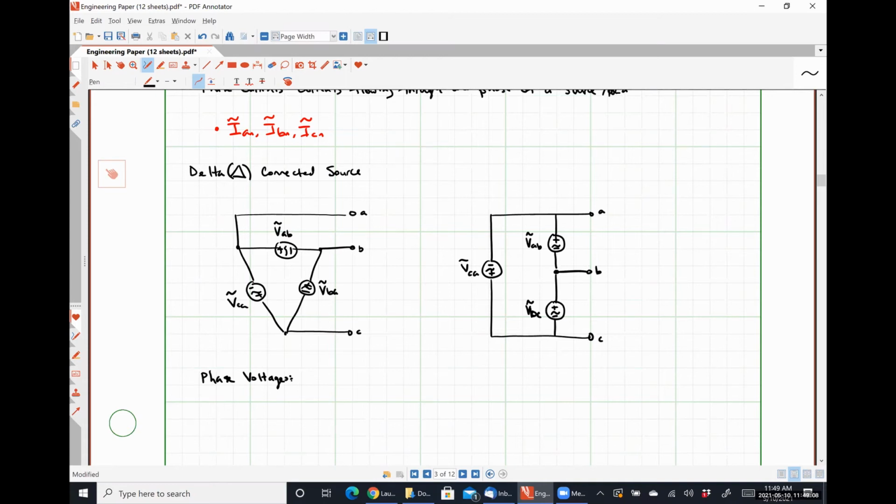All right, so what are my phase voltages in this system? I've already written them down, right? They're the voltage drop over one phase of the source. So that would be VAB, VBC, and VCA.